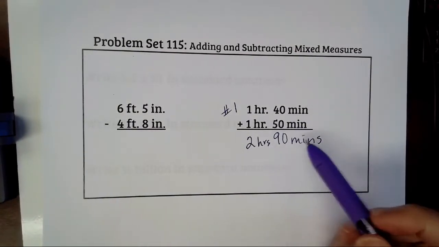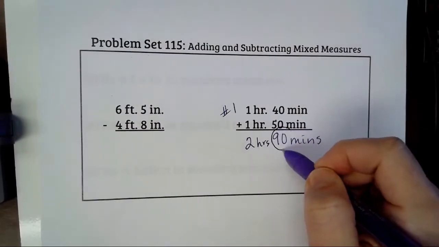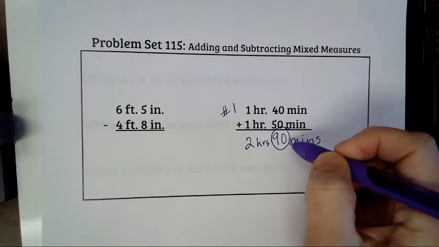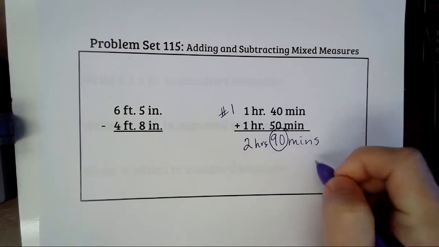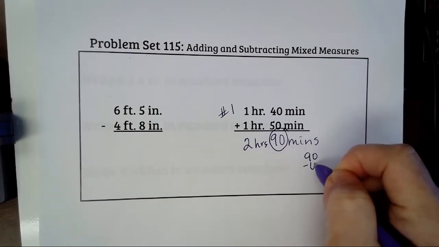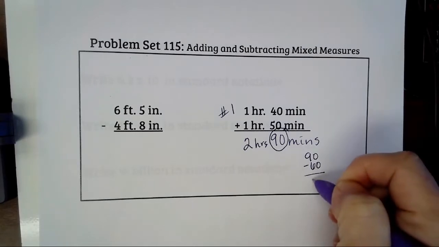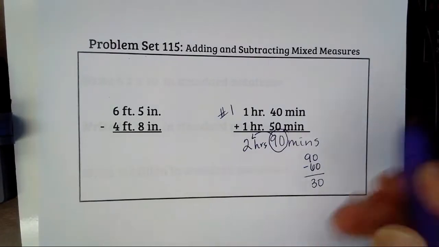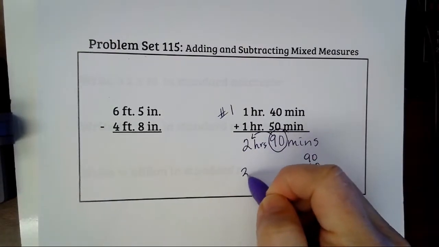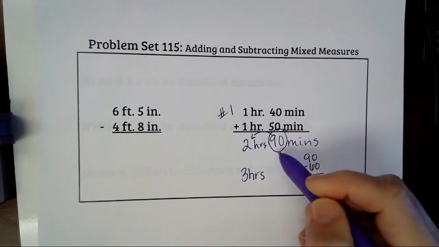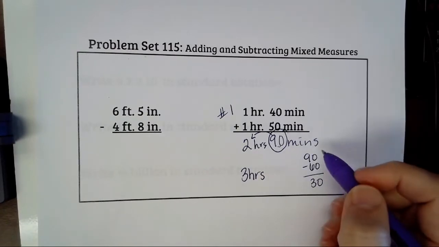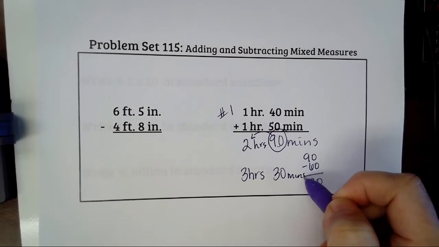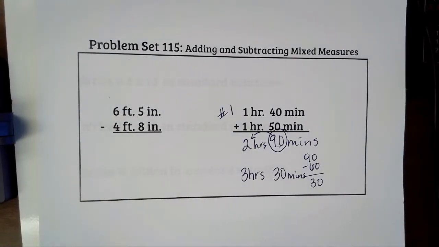Well, we need to convert this because 90 minutes has an hour in it. We need to pull those 60 minutes out of that. So we take 90 minutes, we take an hour out of it, leaves us 30 minutes, but we have to add that hour over here. So now our 2 hours becomes 3 hours. And because we took 60 minutes out of that 90 minutes, now we have 30 minutes. So it's just one of those problems that requires a couple steps.